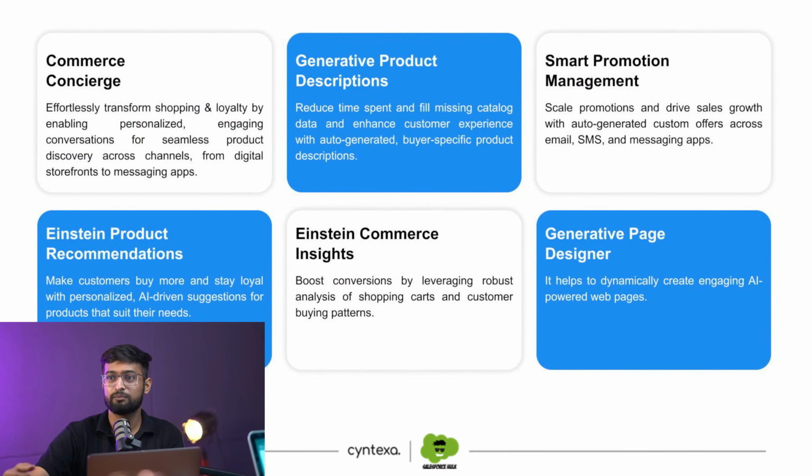Now that's a really exciting thing. So Page Designer, as we discussed, is the CMS provided by Salesforce. Now, we spend a lot of time creating components for it, the reusable components, so that the business can drag and drop them and use them. Now, those components also, with a single prompt, can be built by the generative page designer.